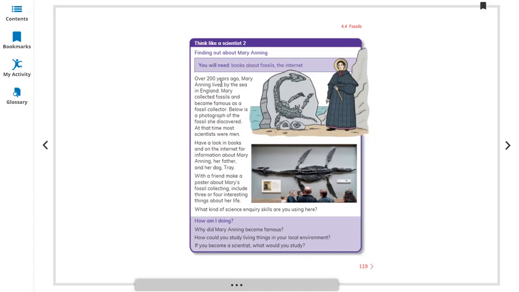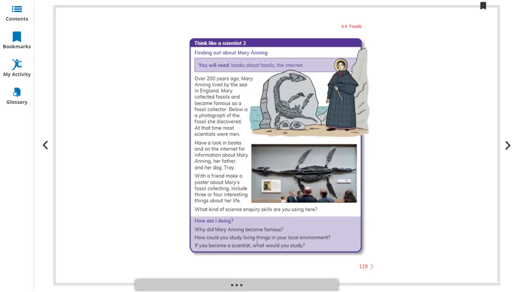Just write her name and about her life, about her family. You can find a lot of things. Why did Mary Anning become famous? Because she learned a lot about the fossils and she discovered many new fossils.